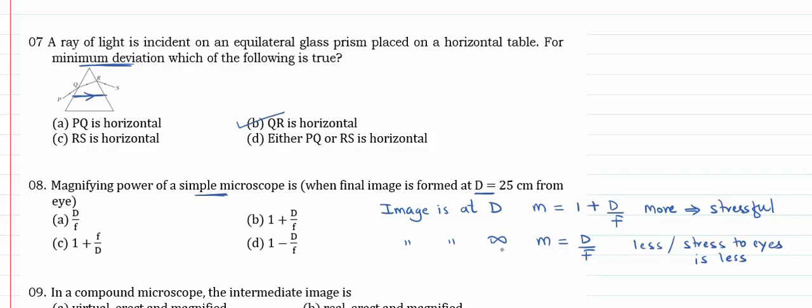And in both cases, either at D or infinity, image will be virtual, erect, magnified. So ಇಲ್ಲಿ just ನಮಗೆ ಬರೀ D ಕೇಳೋಣ. So when, sorry, M ಕೇಳೋಣ. When D is 25, so answer is B. 1 plus D by F ಅಂತ ಹೇಳ್ತಾರೆ.